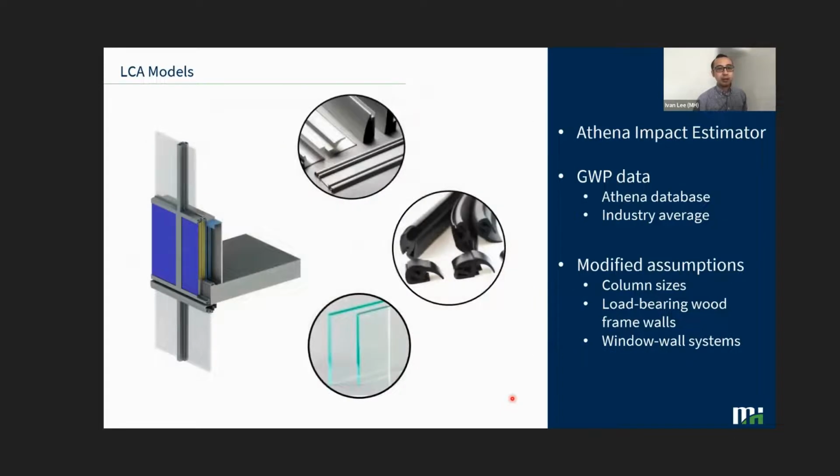And then one of the common components that we build here in Vancouver would be window walls, but window walls cannot be found directly within the Athena Impact Estimator, and there wasn't a lot of EPD data available for window walls. So what we had to do was compare materials between a typical curtain wall and a window wall, figure out the differences in material quantities, and then adjust for that and add that into our model.